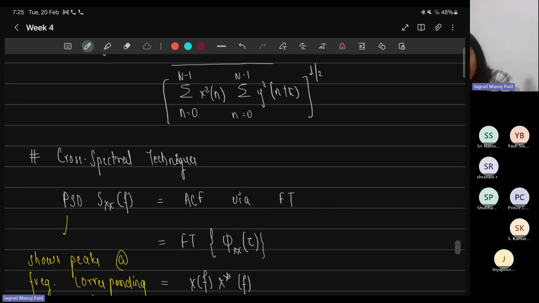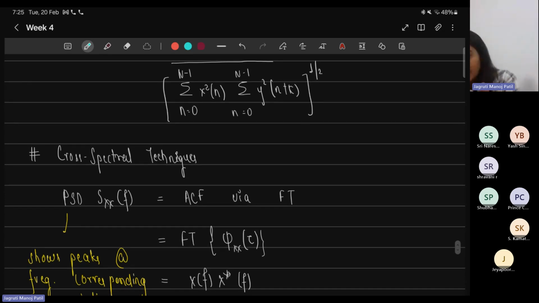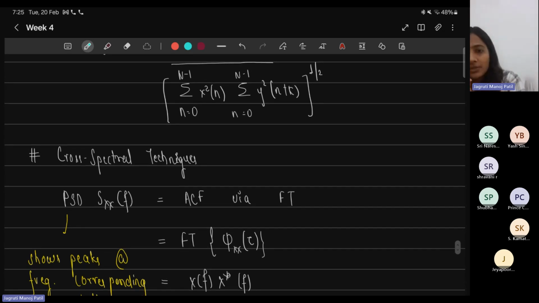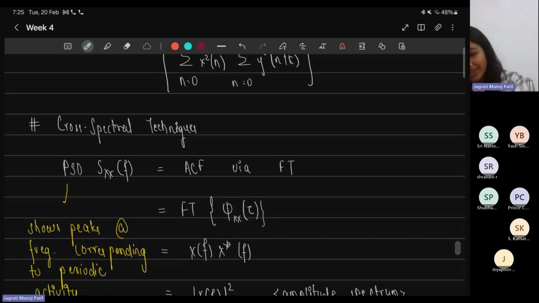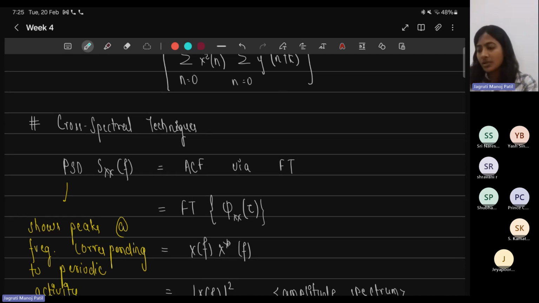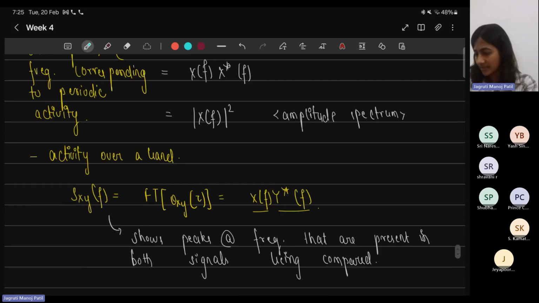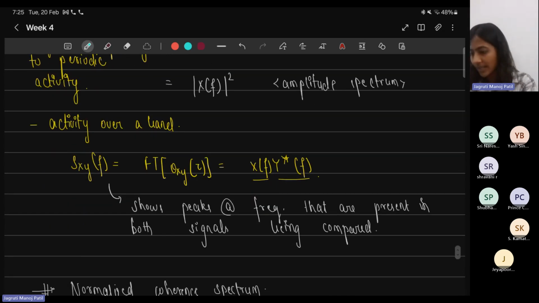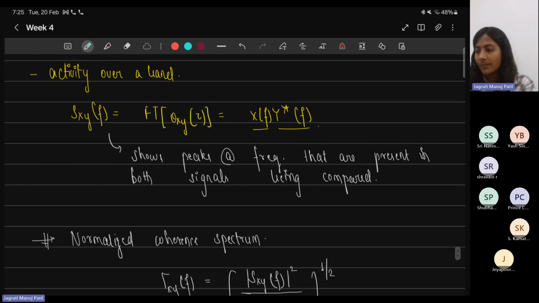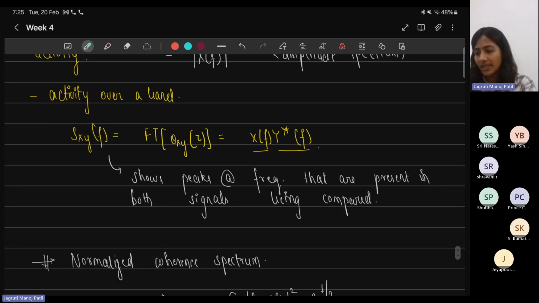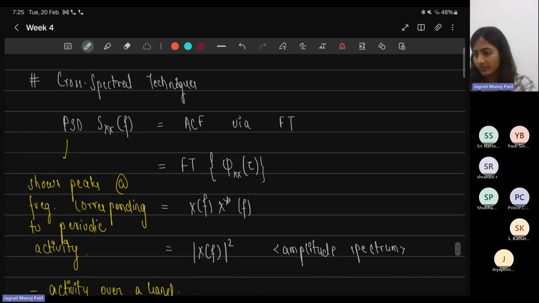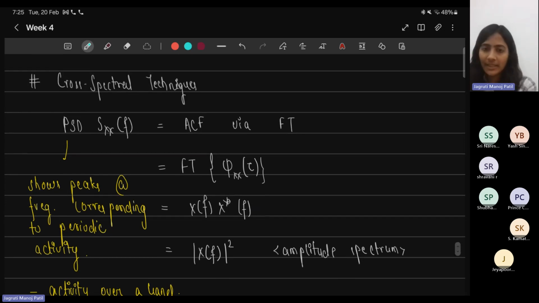Then there is another technique called cross-spectral techniques. Unlike cross correlation, which looks at the time domain, here we look at the Fourier domain, that is, the frequency domain. We take the Fourier transform of the correlation function, whether it's an autocorrelation or a cross correlation function. If it's a cross correlation function, it is called the normalized coherence spectrum, or also the cross power spectral density.